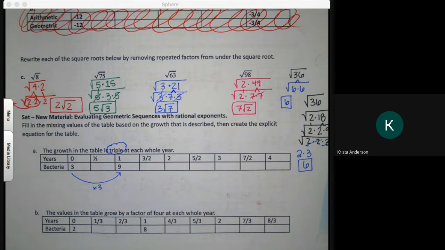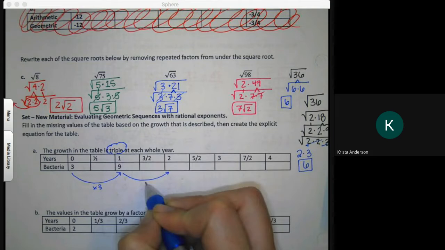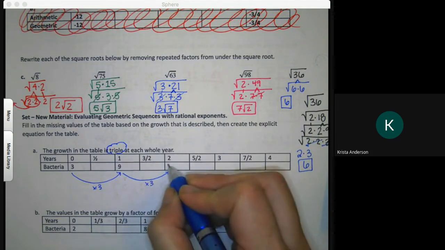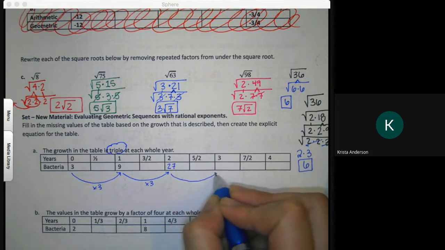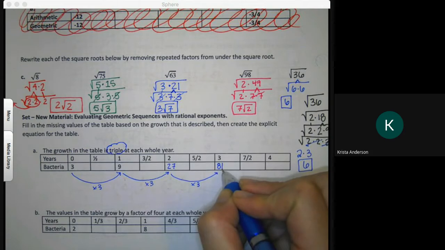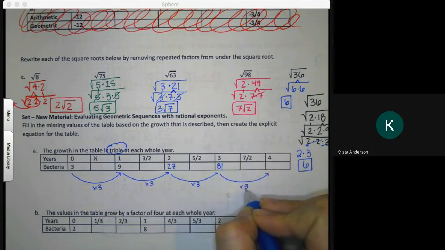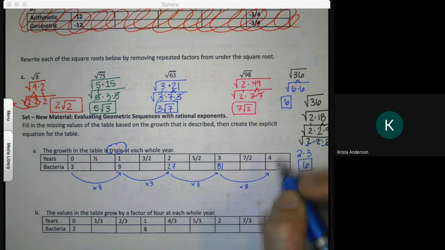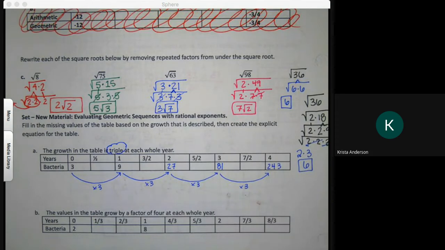I would have to skip the fractions for now. So if I continue, times by 3 is 27. Times by 3 is 81. Times by 3, 8 times 3 is 24, 243.